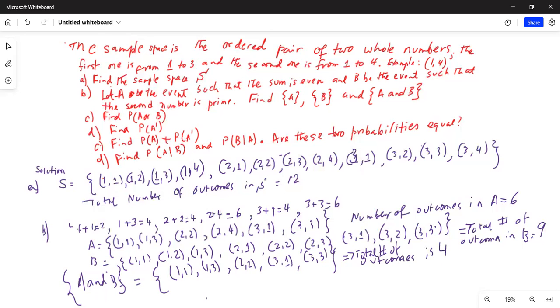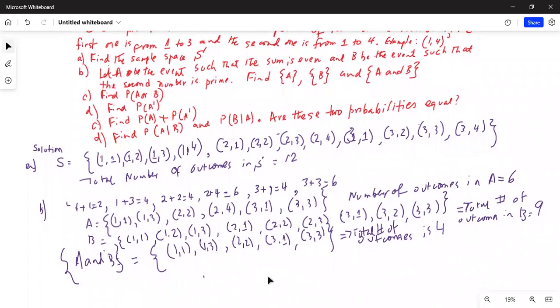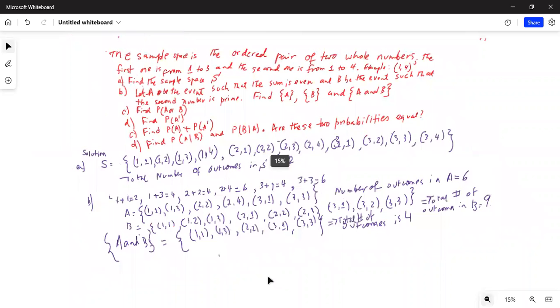Okay. So now we have been asked to find the probability of A or B in part C. Let me create some space for myself by moving this up.